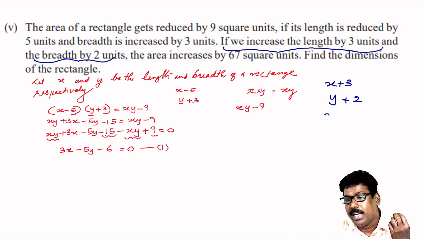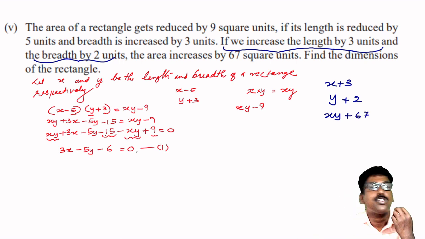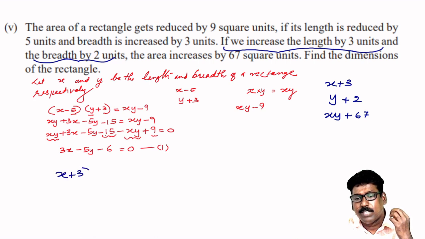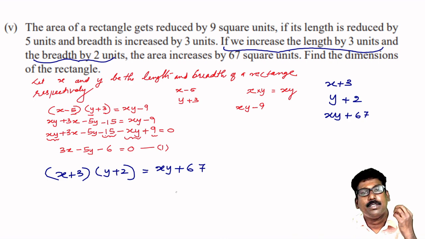That means area xy will be xy plus 67. Now according to the second condition, how will you form an equation? The length is x plus 3 into y plus 2 is equal to xy plus 67.